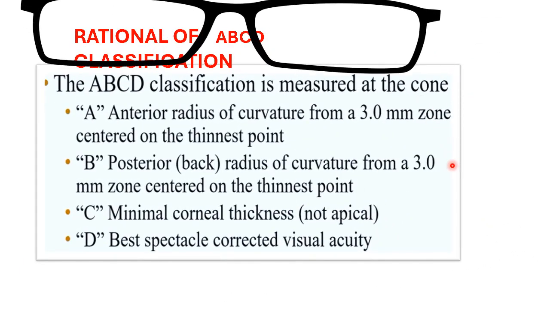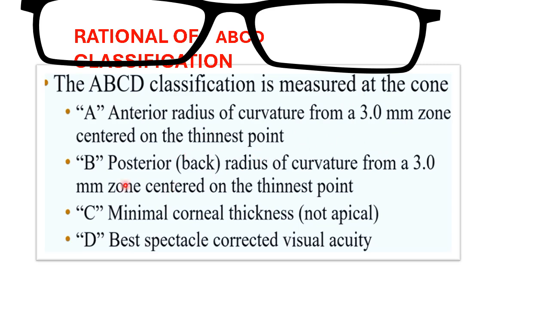By understanding the definition of documentation of the progression of keratoconus or keratectasia, the ABCD classification came to fulfill all the requirements and prerequisites needed to document the progression of ectasia, by documenting the changes that happen in each layer of the cornea. For example, A stands for the changes in the anterior radius of curvature over the 3 mm zone, over the thinnest point.